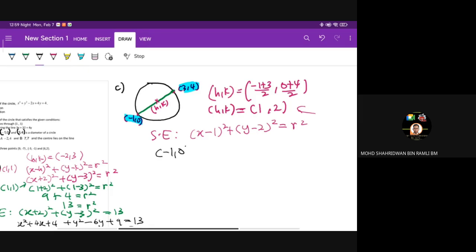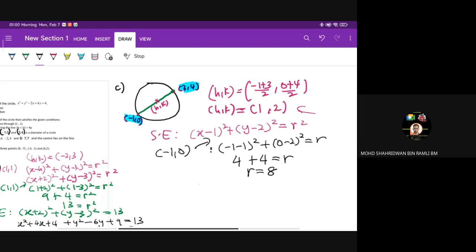For example, negative 1, 0 into this equation: (negative 1 minus 1) squared plus (0 minus 2) squared equal to r squared. So negative 2 squared is 4, here also 4, equal to r squared.